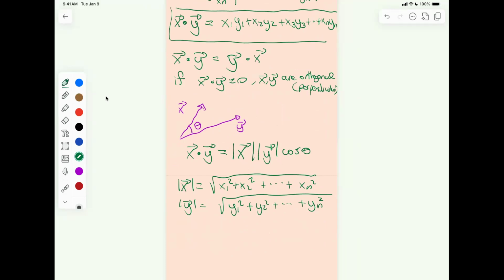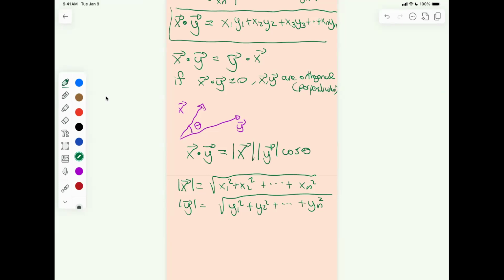So the dot product, a more geometric way to find it, is the product of the lengths of the vectors times the cosine of the angle. Is that making sense? Everyone with me so far? So far so good.